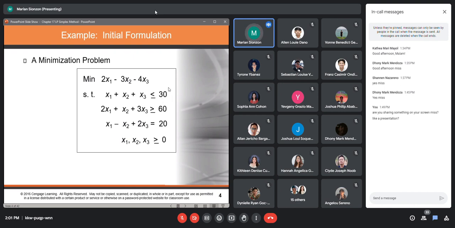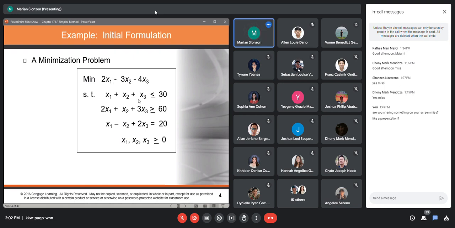So if the capacity is 30 and the left side only allowed you to use 28 hours, the s sub 1, which is slack equivalent to 2 hours, represents a variable that absorbs whatever is idle capacity.